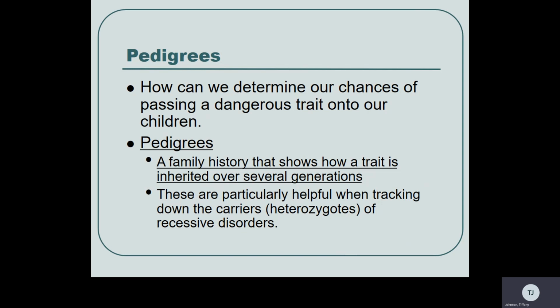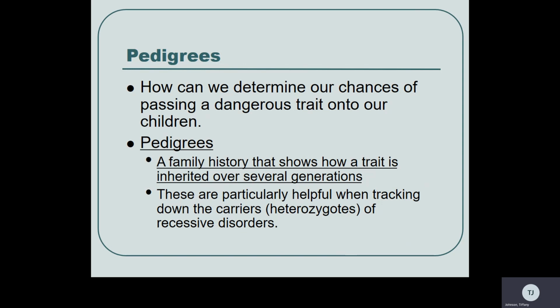Remember, these disorders are recessive, and so they hide in families. All of them hide, and so you may be completely normal, but you may have a child that has dwarfism or sickle cell anemia or cystic fibrosis or Tay-Sachs disease or any of these other very traumatic disorders.